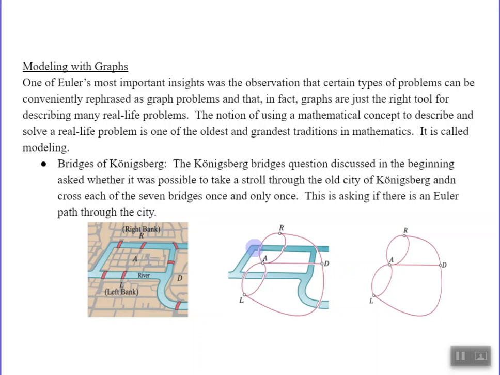So you have two bridges here, one here, one over here, one over here. Take that out, and that's our graph. In fact, that's the graph that we were just looking at when I said this graph has no Euler path. We'll talk about why that is in the next video.